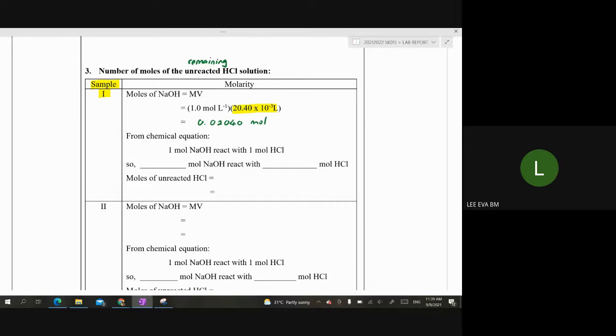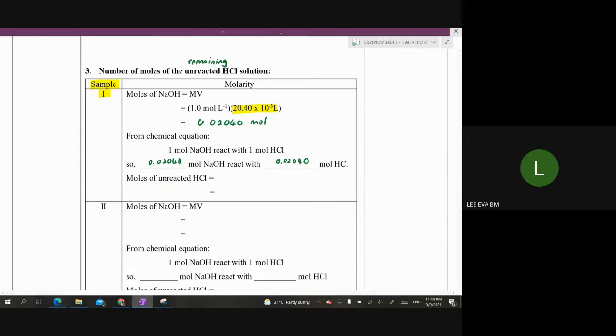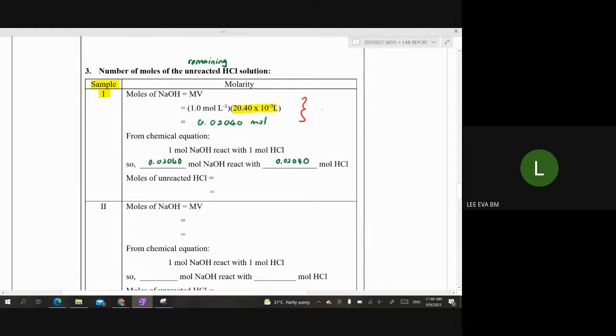So from the balanced equation, 1:1 mole ratio, therefore, the number of moles of your NaOH is the same as the number of moles of your HCl. Okay, so over here, Madam jot down a little bit for you. This is the mole of NaOH used. So this much of NaOH will react with this much of HCl. Therefore, this is the HCl that is used in the titration.